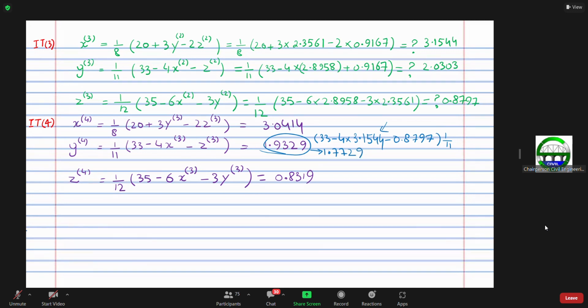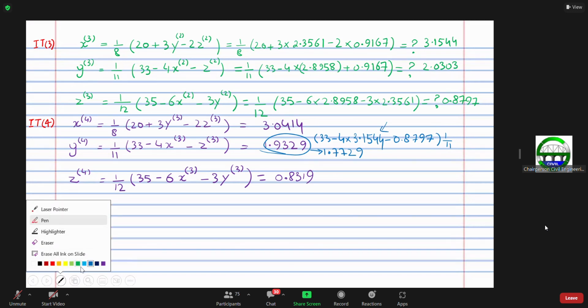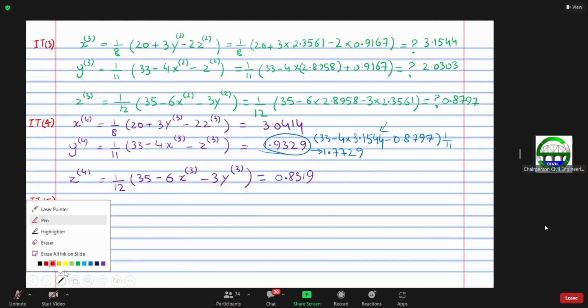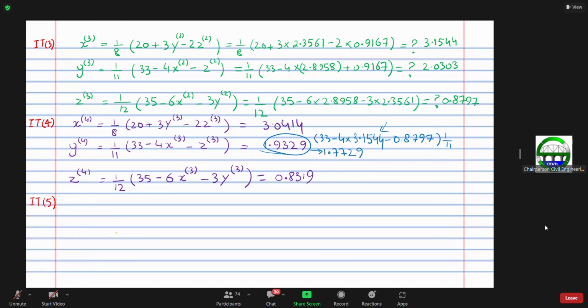Okay. So next, go with another iteration. Iteration number 5, and let's use this one. In iteration number 5, we will use x raised to power 5, not raised to power fifth iteration.